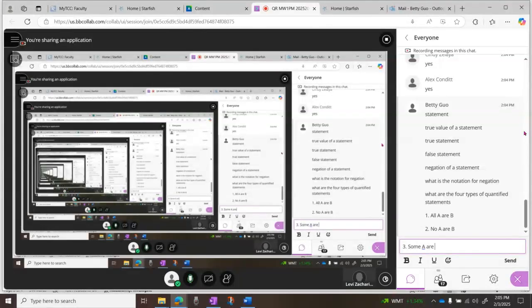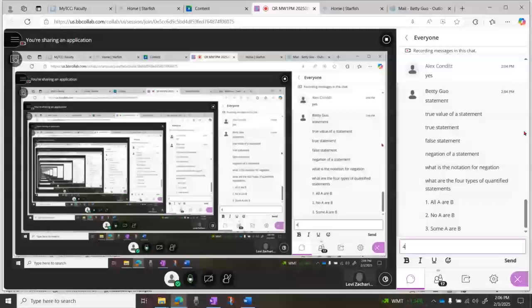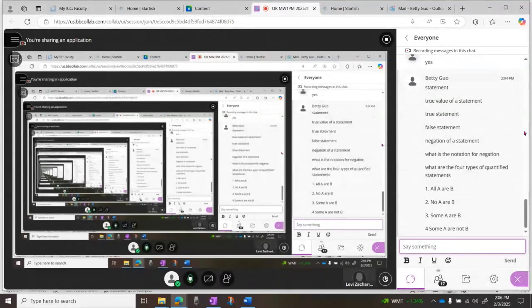Some A are B. Some A are not B. Those are the 4 quantified statements. We're going to use them, and also the Euler diagram again, in future sections in the same chapter.